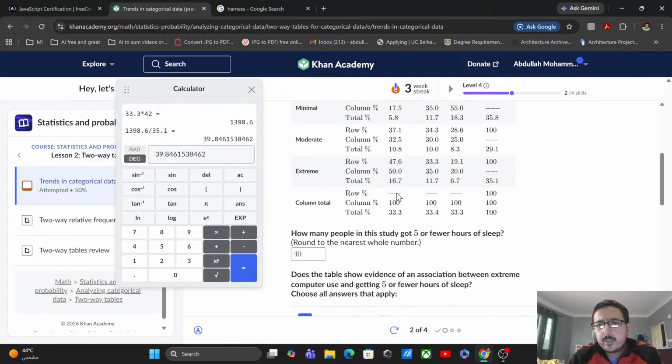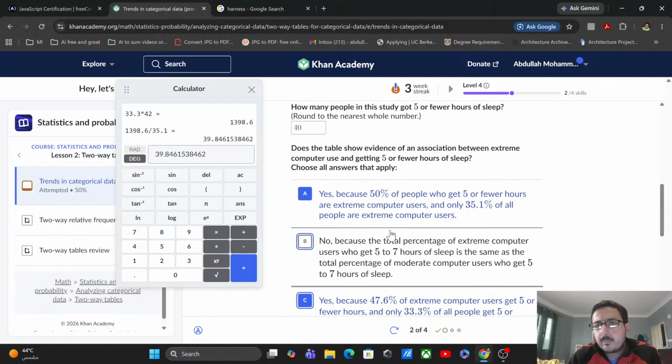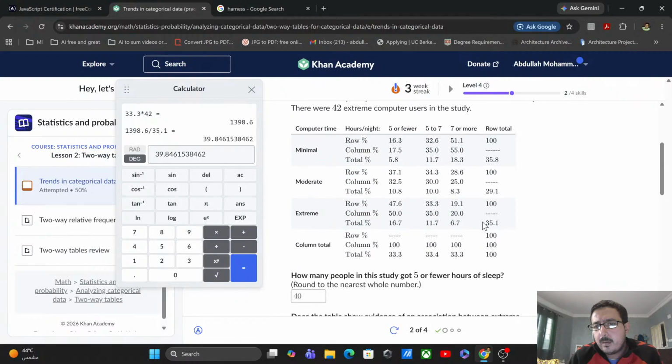Is that correct? Are extreme computer users. Is that correct? They are.